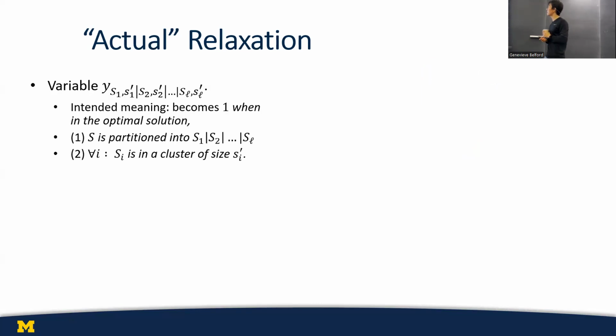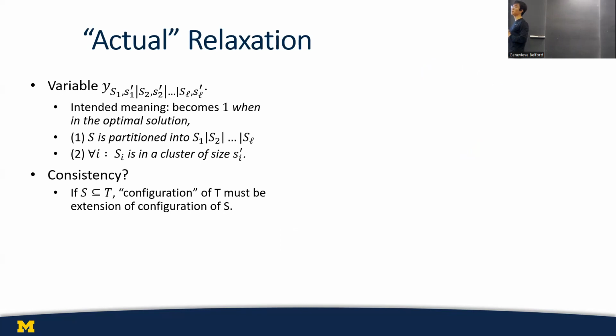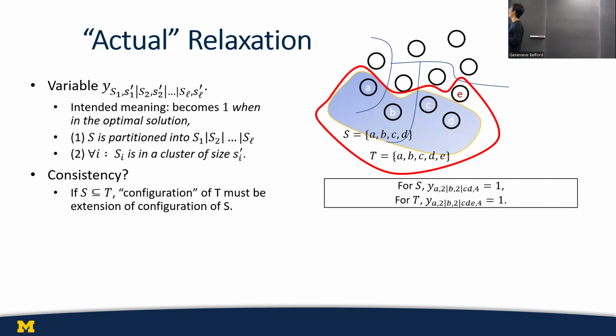Then of course I'm not going to write them all down, but at least one can see some kind of consistency between these variables. If S is a subset of T, then we can naturally require that whatever was going on for T, the configuration of T, must be an extension of a configuration of S. For example, take S being A, B, C, D as before, and T being A, B, C, D, E. For S, the right choice was A2, B2, and CD4.